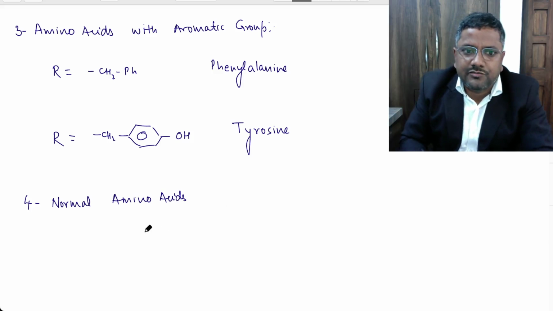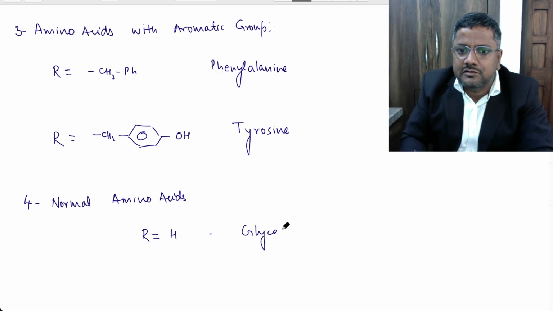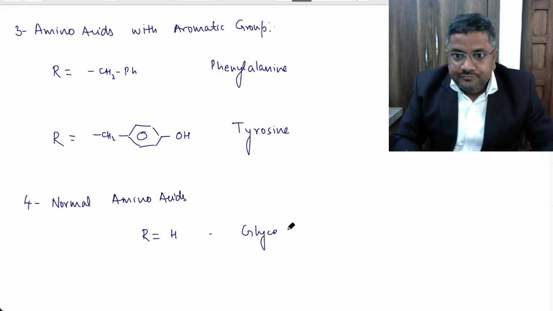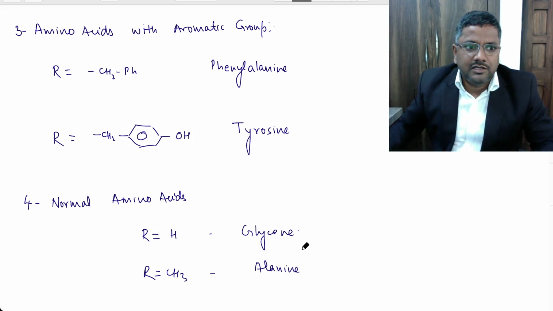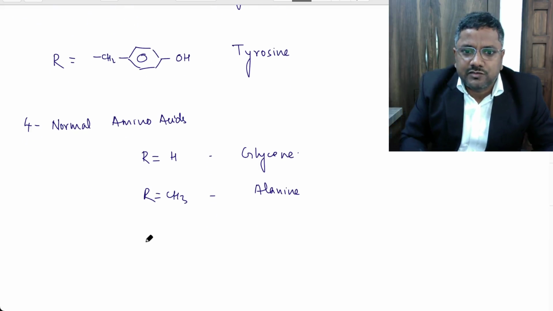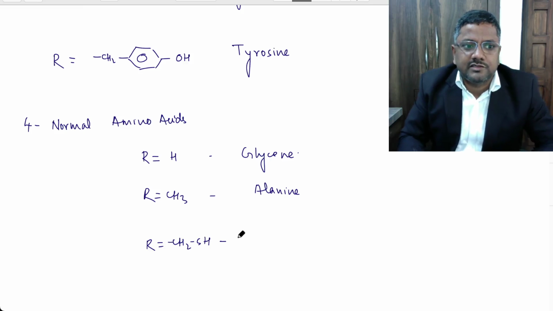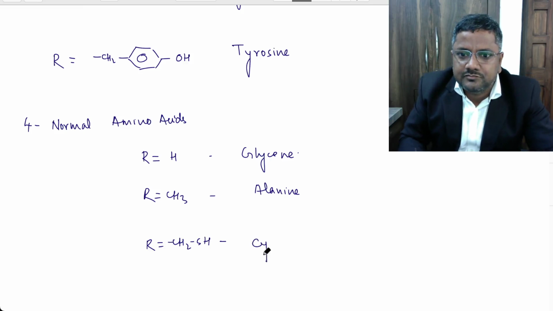So if R is equal to H, then this is glycine. If R is equal to CH3, then this is alanine. If R is equal to CH2SH, this is what, cysteine.